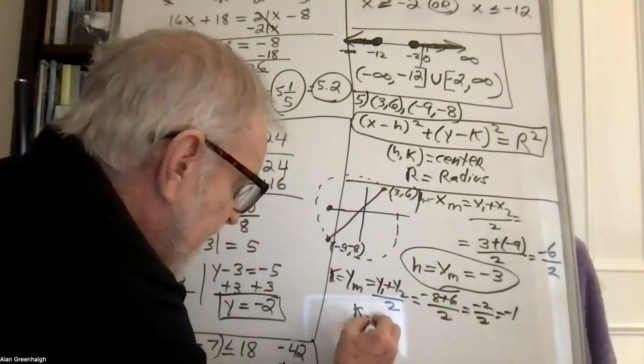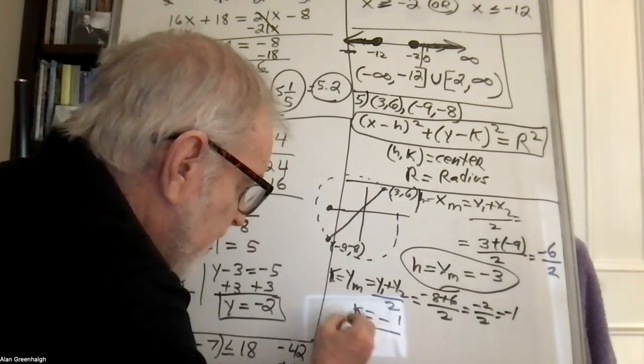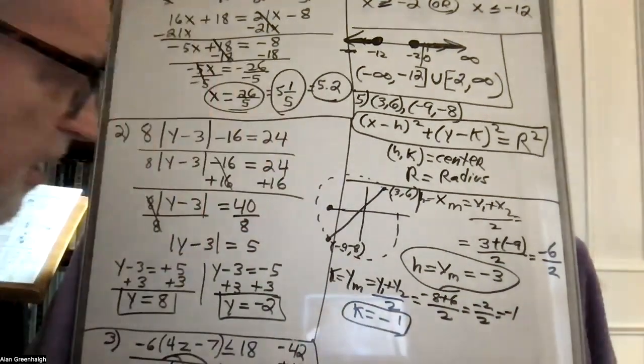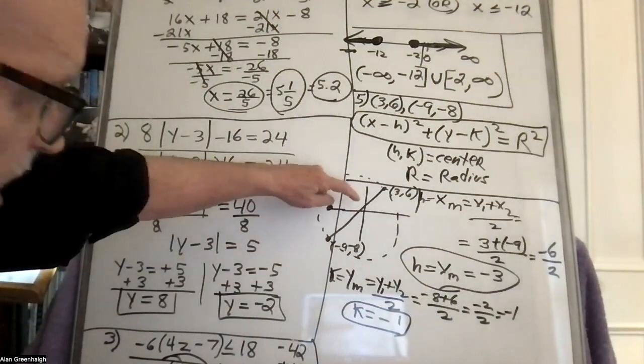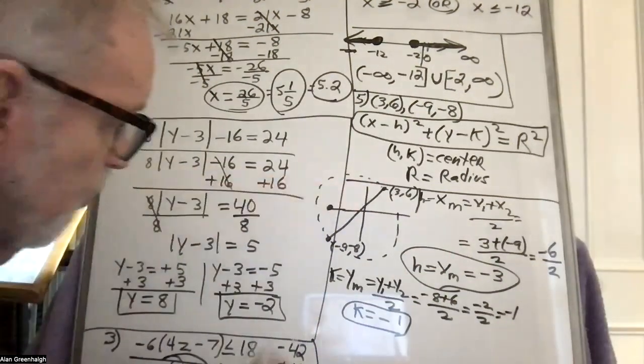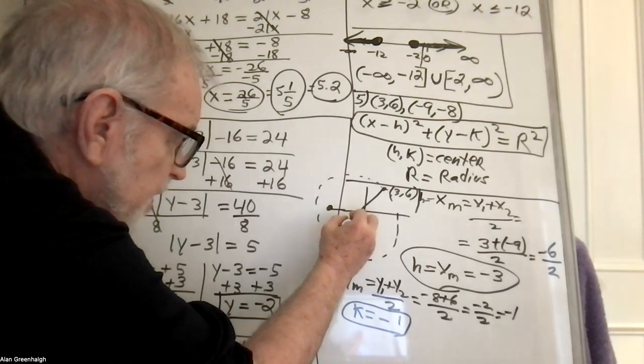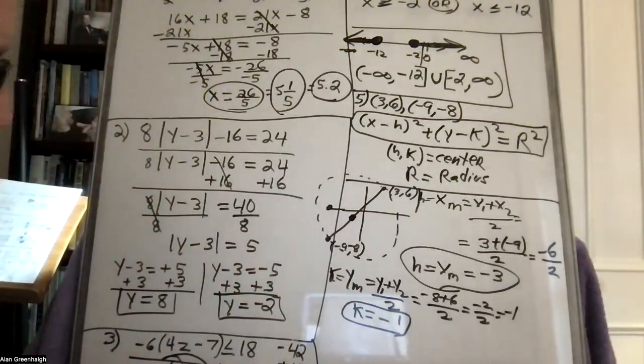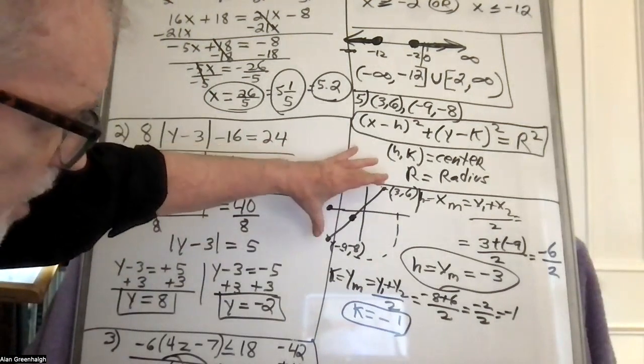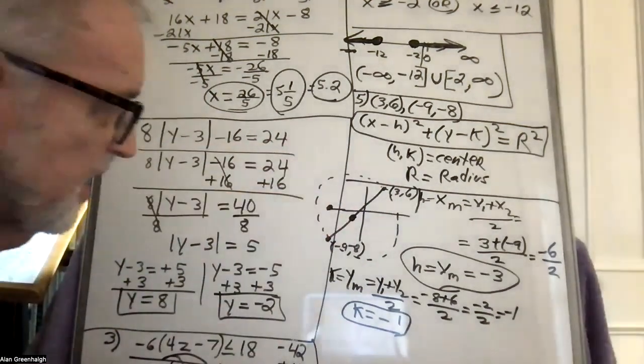So k is equal to -1. Let's see if we could first plot this. So -3 and -1, it's pretty close. It's down here somewhere, and that's the midpoint of the diameter, which is also the center of the circle.